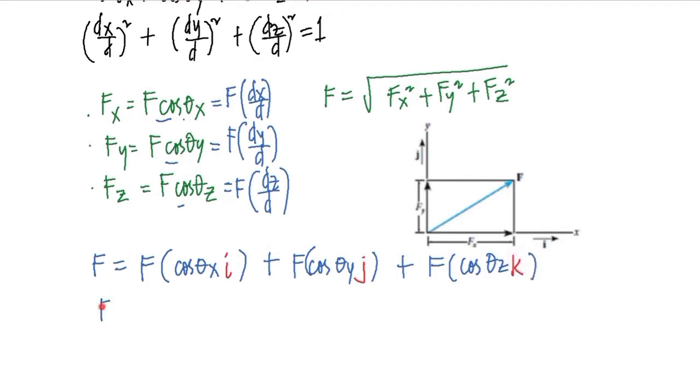So simplifying this, we have f, since f is common to all, to be multiplied by cosine theta x i plus cosine of theta y j plus the cosine of theta z times k.